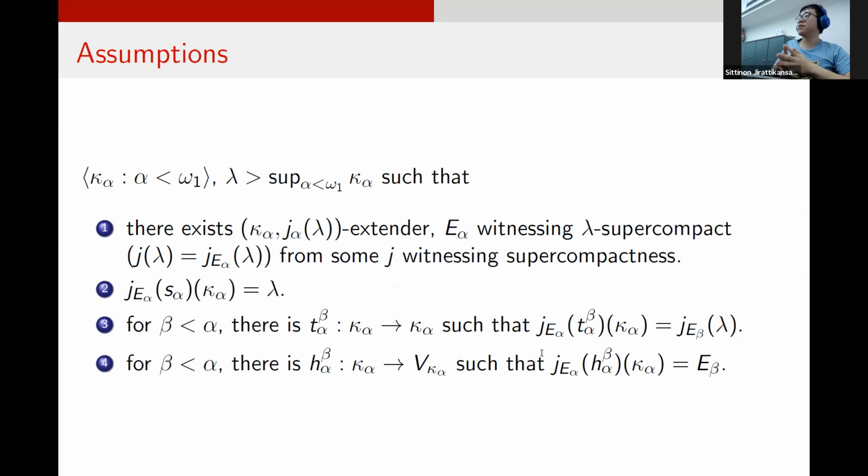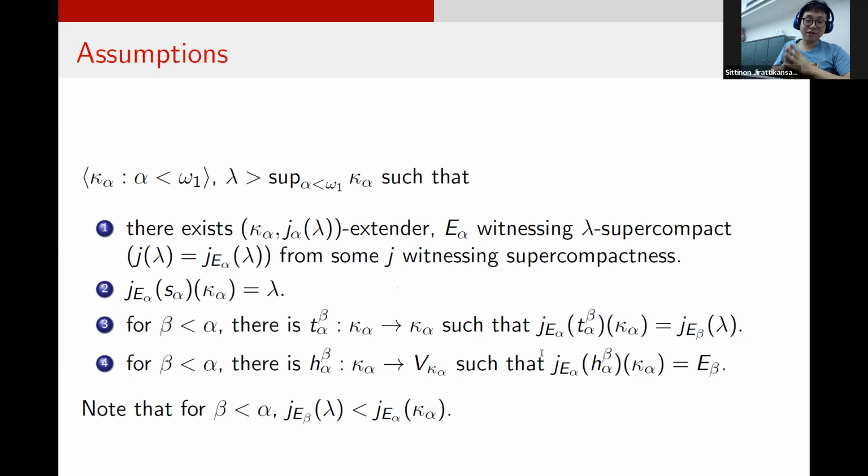And also I want to save some information about E alpha. So there's a function H beta alpha from kappa alpha to V kappa alpha, such that J E alpha of H beta alpha computed at kappa alpha is going to be E beta. And in particular, from number 3, what you're gonna get is that J E beta of lambda is less than J E alpha of kappa alpha.